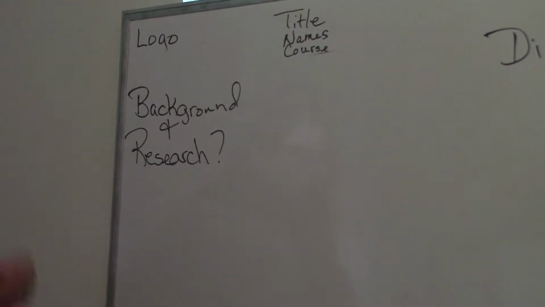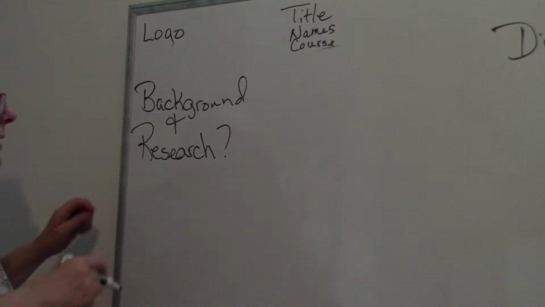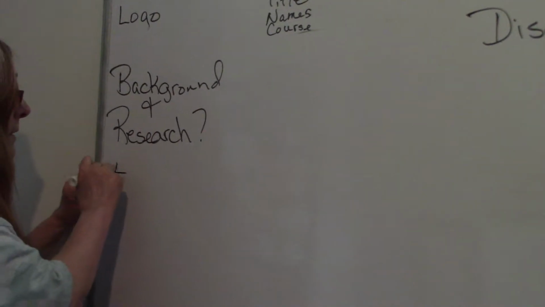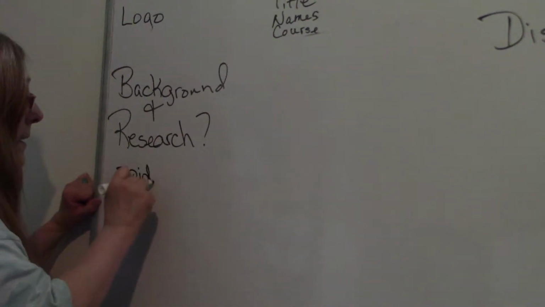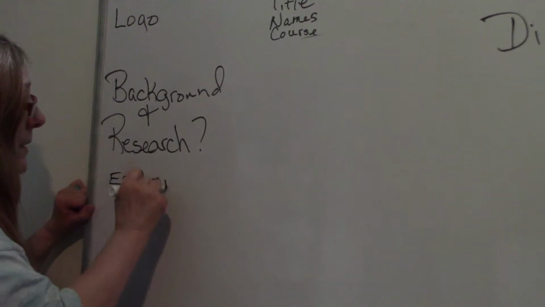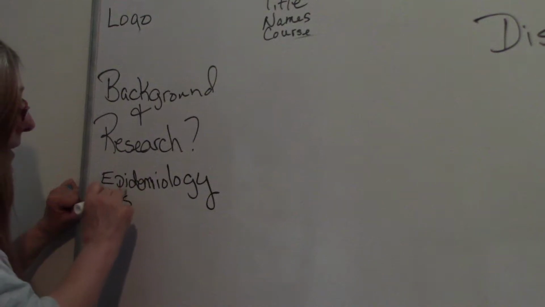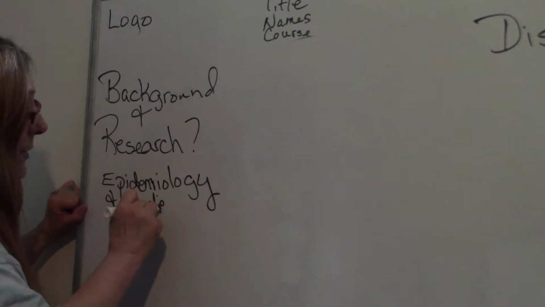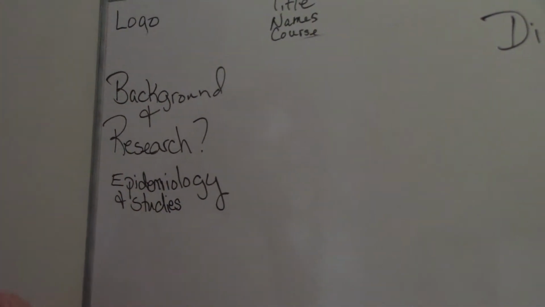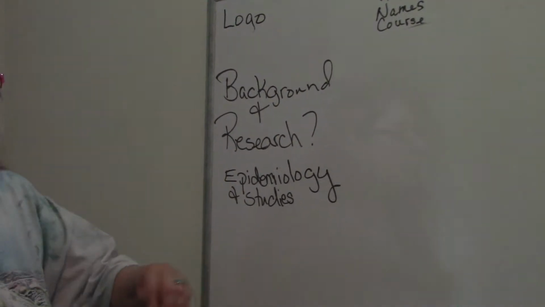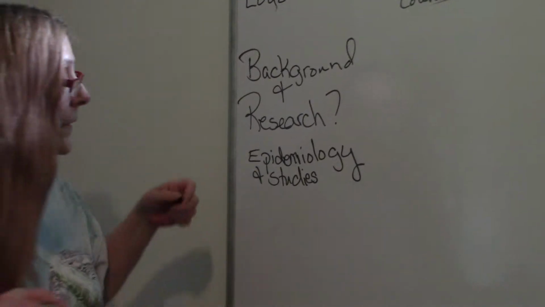So I've already given you directions in there where you would talk about epidemiology and the studies in epidemiology. You could use your textbook to cite this information. Okay, so that would be a big picture.